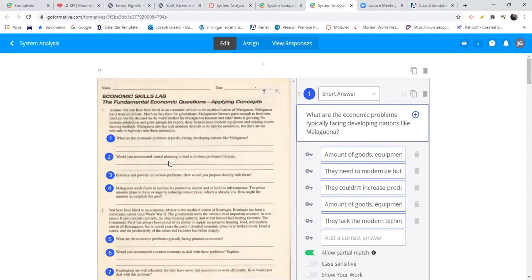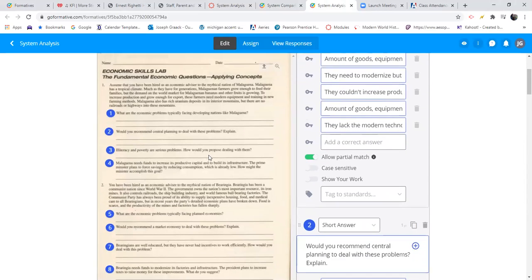To increase production and grow enough for export, these farmers need modern equipment, training, and new farming methods. There are also rich uranium deposits in the interior mountains, but there are no railroads or highways in these mountains. So basically they're going to ask you what your advice to them would be.